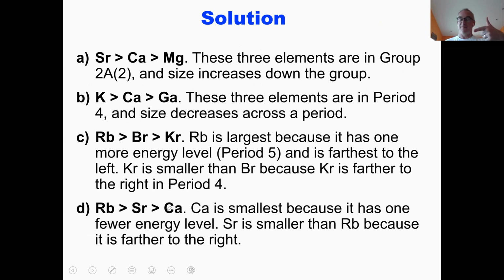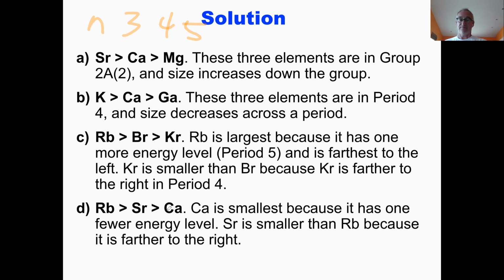So in our first situation, they're all in group 2. And so whoever is the lowest on the list has the biggest value for n. Remember, n is just adding a new shell. So magnesium has the third shell, followed by the fourth, and then the fifth.